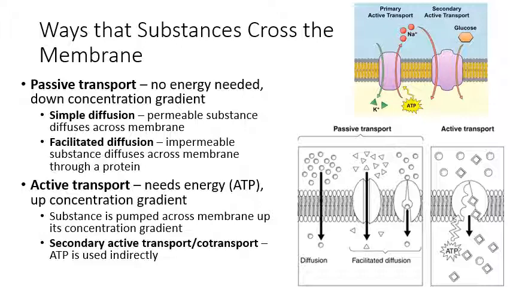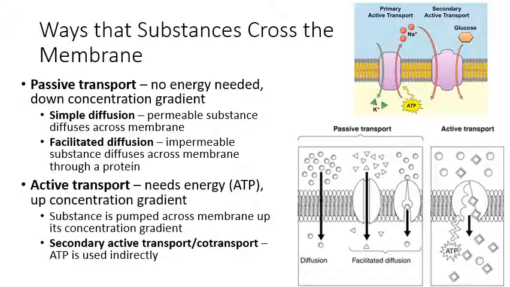And so the cell is going to have a protein that is basically going to provide a path for the substance to cross, but it still doesn't cost energy. So the substance is just going to flow through this protein from the side where you have more of the substance to the side where you have less, and it doesn't cost energy beyond, of course, building that protein path in the first place.